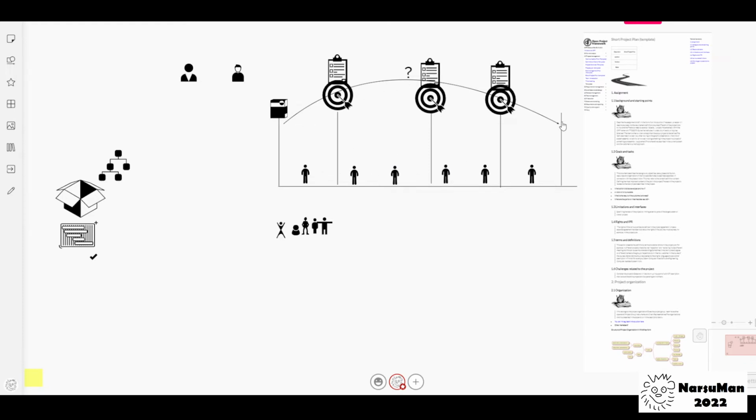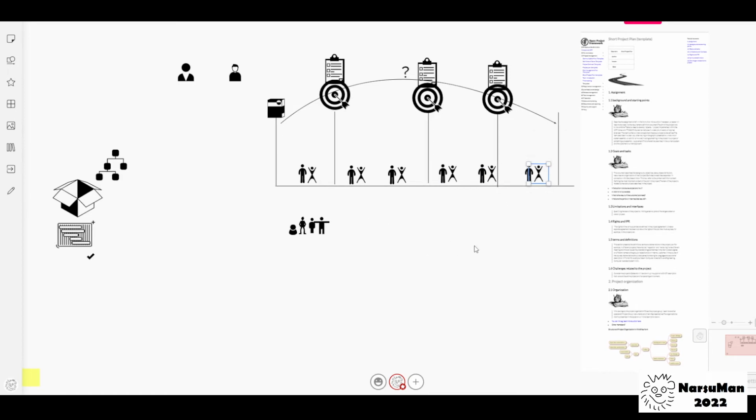So we have knowledge that this person here is very important for the project, and there can be another person also involved who is whatever is needed for the project, and we put him there as a mandatory person.